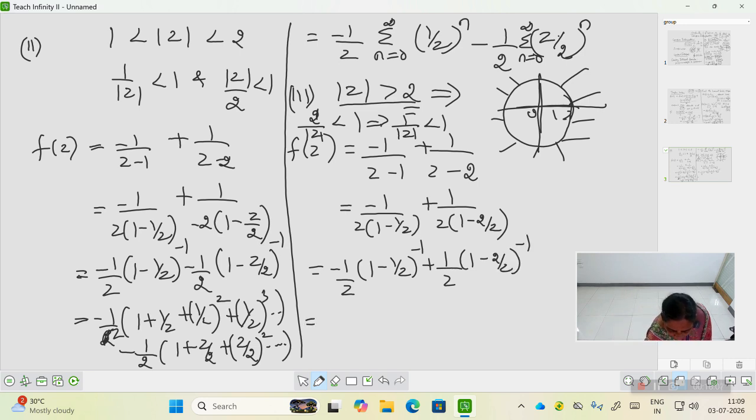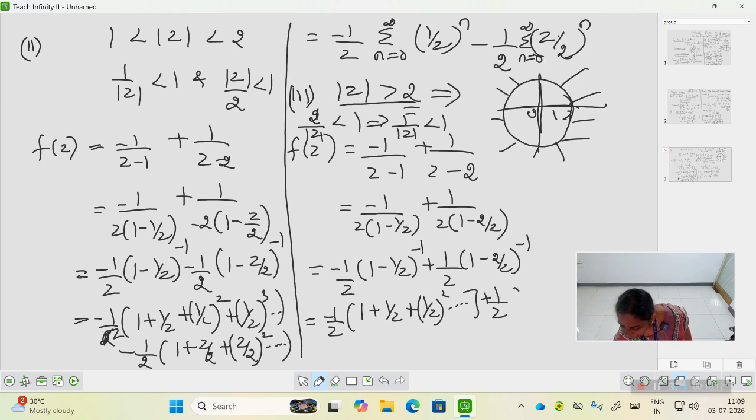Now minus 1 by z I took out, so 1 plus 1 by z plus 1 by z the whole square, etc. Plus 1 by z, 1 plus 2 by z plus 2 by z the whole square, etc. I'll get. So close the bracket.